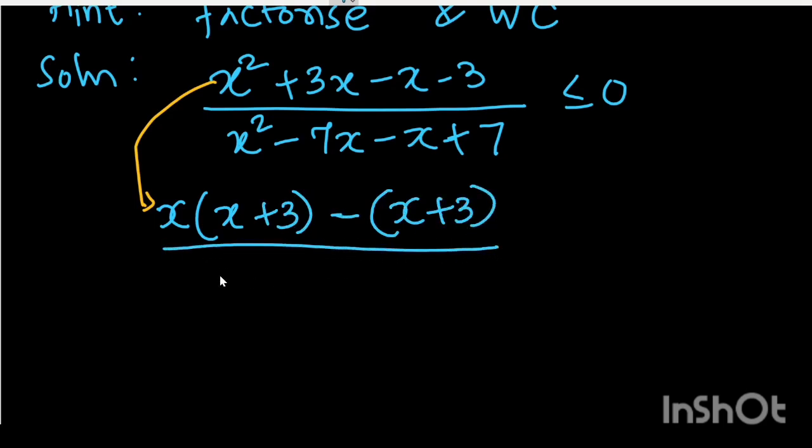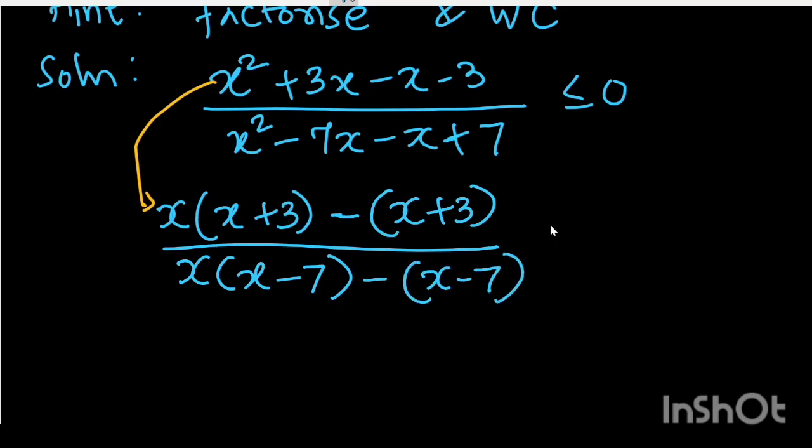Upon, in the denominator x² - 7x, you take x common, x (x - 7), and from the last two terms take minus common, (x - 7), less than or equal to 0.